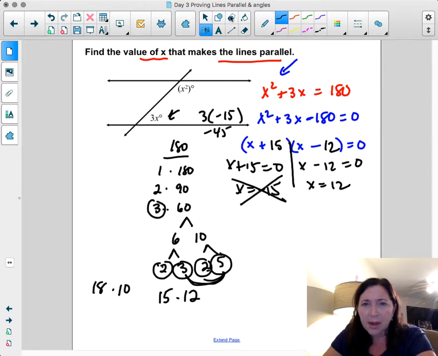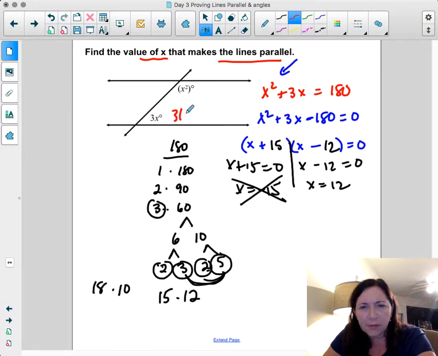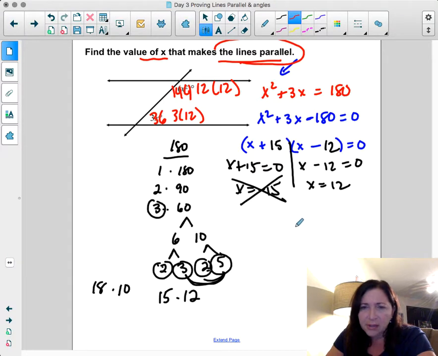Let's check 12. 3 times 12 is 36, so that would be here. And this would be 12 times 12, which is 144. And 144 plus 36 adds up to 180, which is what we needed to prove that the lines are parallel. So therefore, x equals 12, which is our answer.